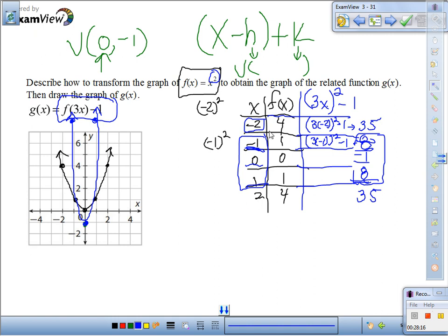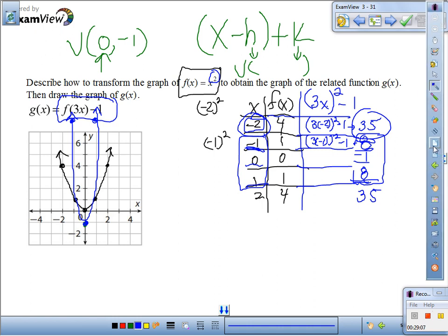The question was, can we graph negative 2? Let's see, negative 2, 35. Oh, I can't fit it on my screen. All right. Do we do another one of these? We got it?